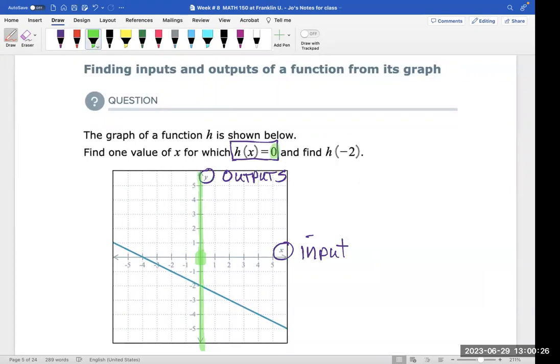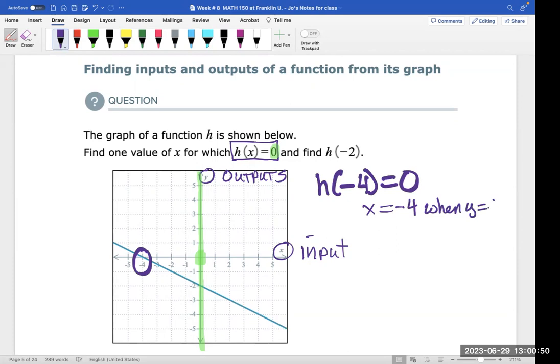So if the output is 0, then we know H of -4 is 0. So my X is -4 when my Y is 0. A shorter, easier way to say X is -4 when Y equals 0 is like that.